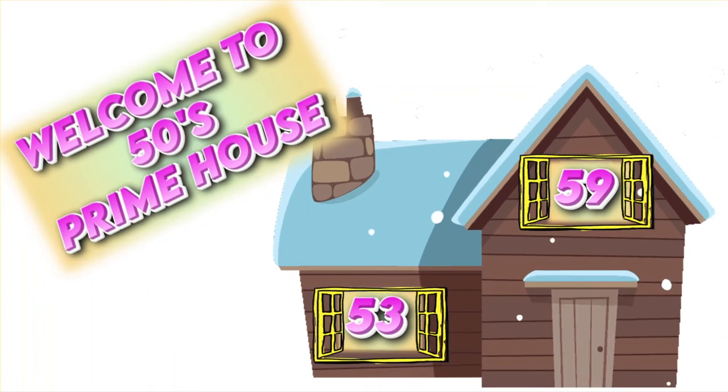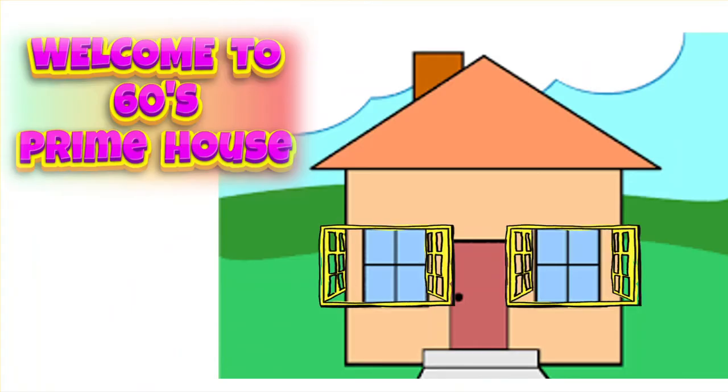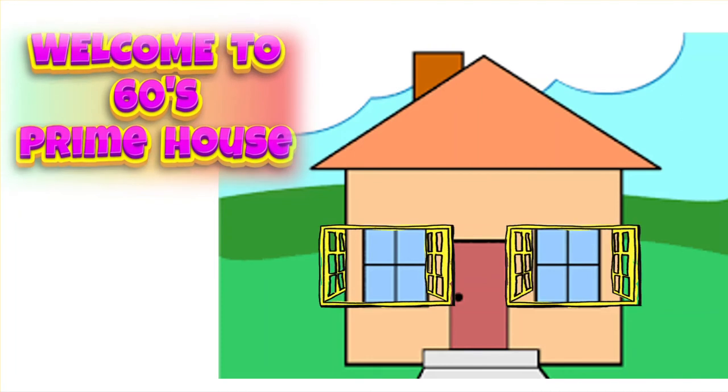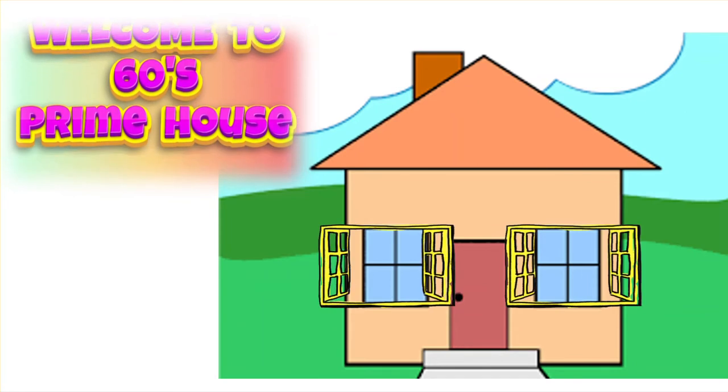What about 50's house now? 53 and 59. Awesome. Now we're on 60's house, right? Hello, 60. Are we welcome? Okay, it says welcome. And how many prime numbers are in 60's house? 2. Are we sure? Let's find out.